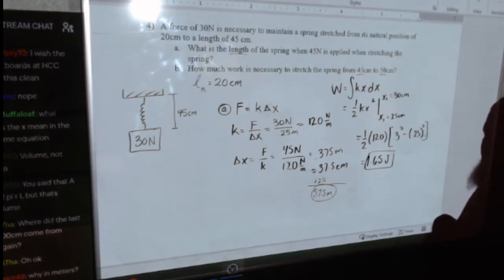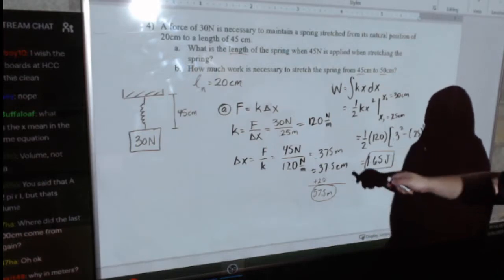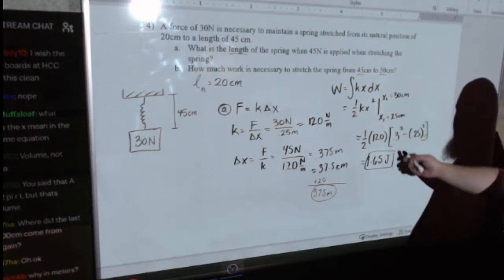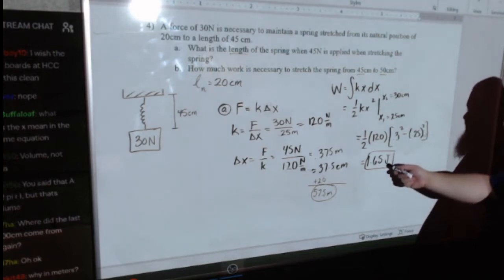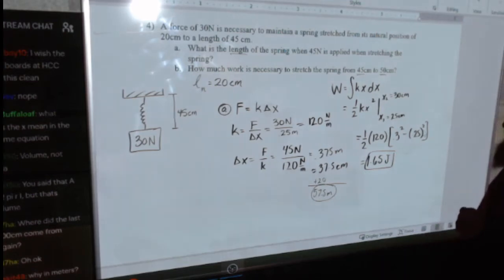It has to be in meters because of the units. So 120, that is k. k is in newtons per meter. This is going to give us meters squared, and a newton meter is the same thing as a joule. So if we didn't convert, we wouldn't get the right units. Any other questions about this problem?